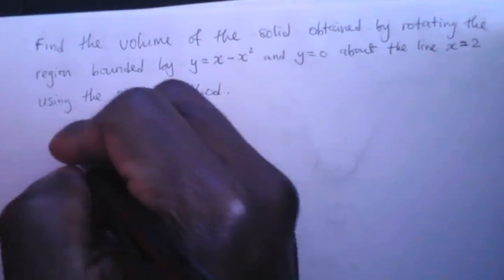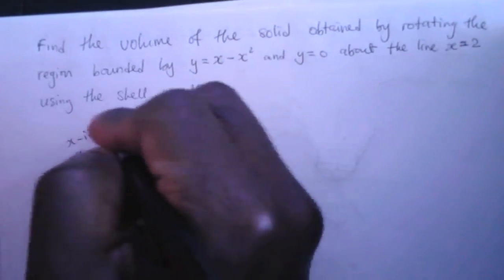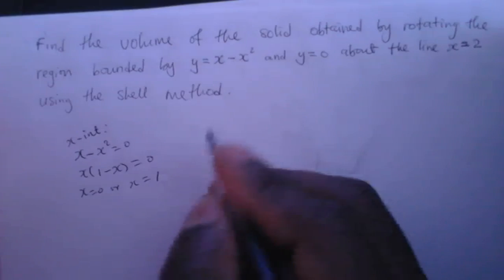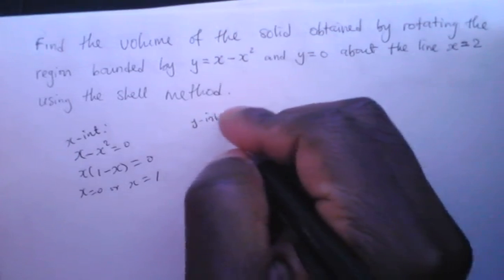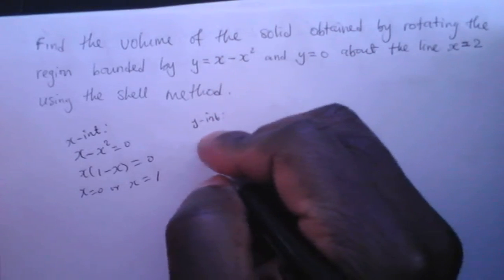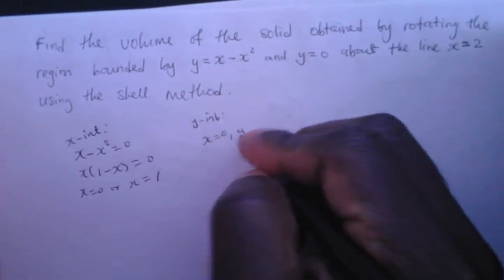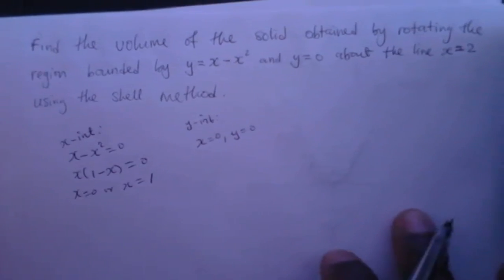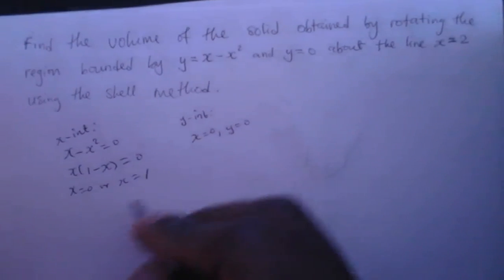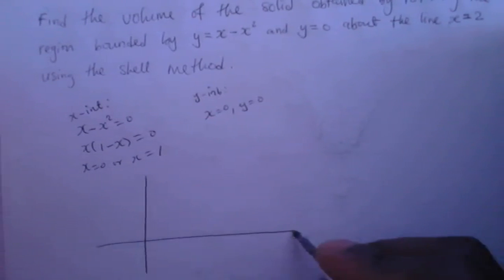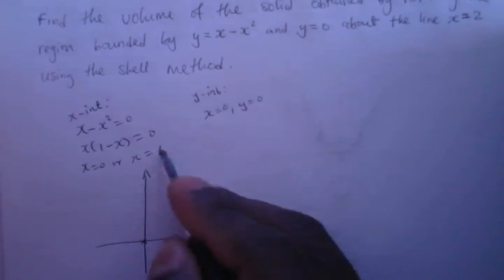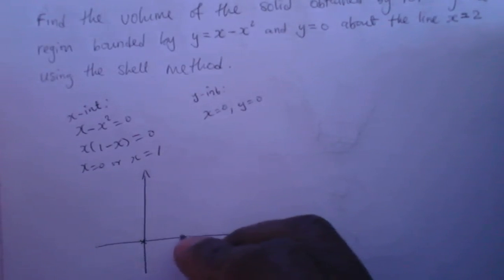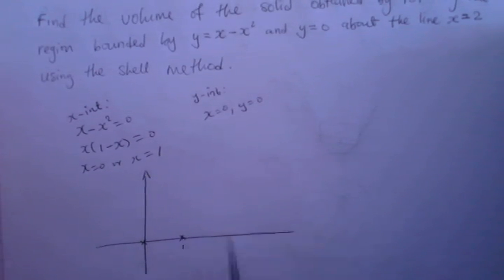And the y-intercept: we know already that if x is 0, then y would just be 0, so it's just the origin. So let's see if we can get a sketch. So (0, 0) and (1, 0), with the curve somewhere there.